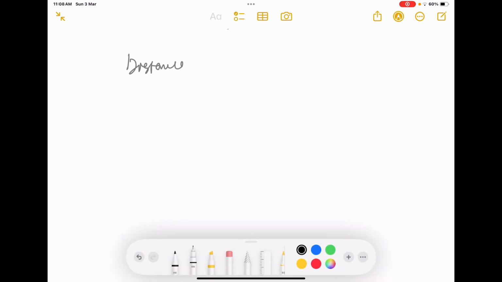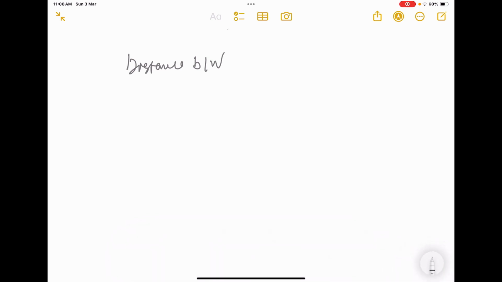Distance between two skew lines, vector form.